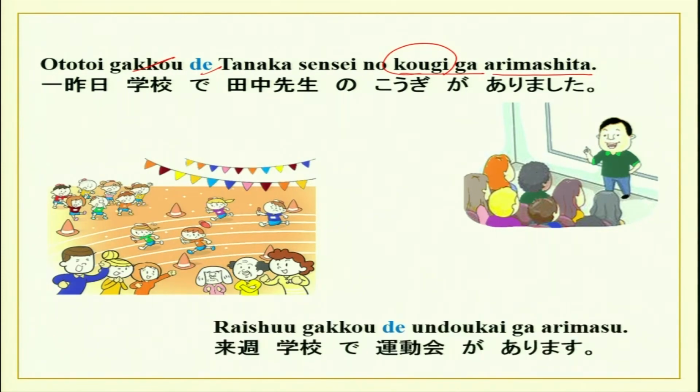So, you can see Raishu gakkou de, again at school undokai ga arimasu. So, this event is going to take place at school. And when is the time? The time is Raishu. So, I am sure by now it is very clear why de is being used over here.